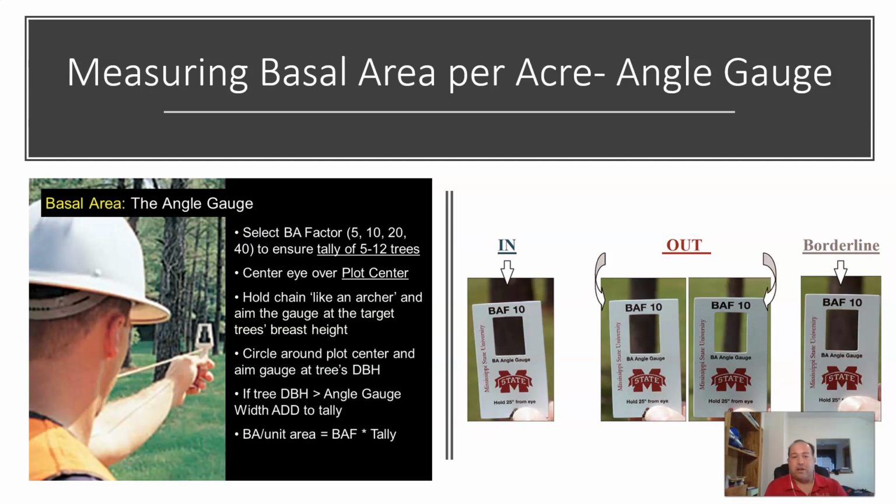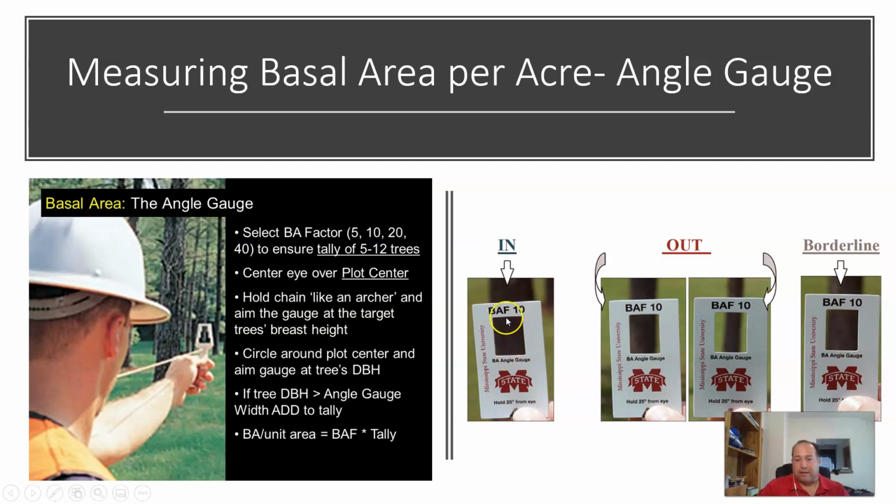So with the angle gauge here, you're going to stand at plot center, hold the angle gauge out from plot center, and use a certain basal area factor. For instance, here on the right, this is a basal area factor of 10. That means every time a tree is in, you count 10 square feet.